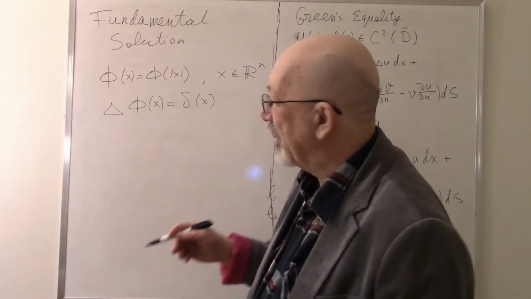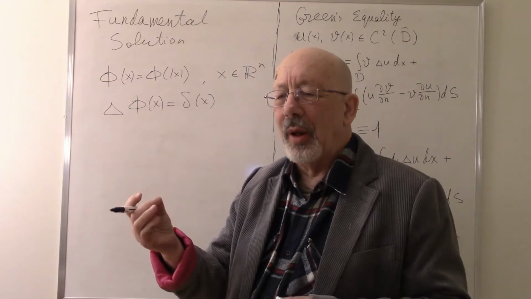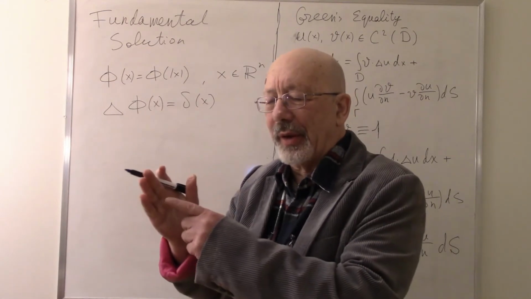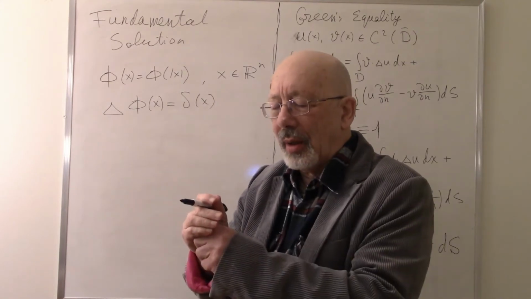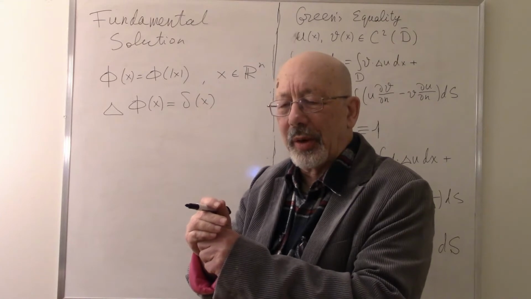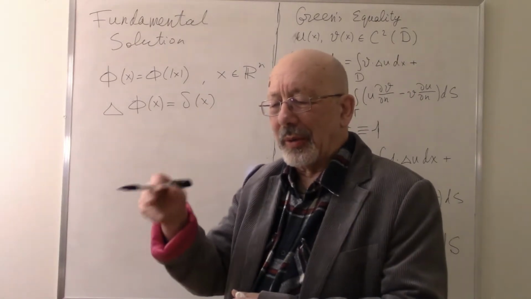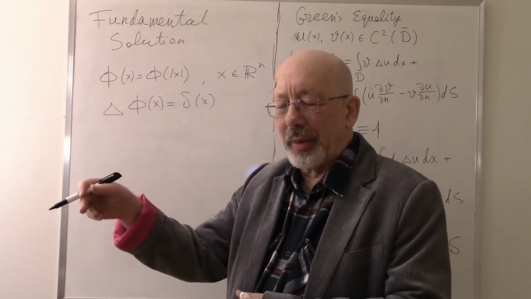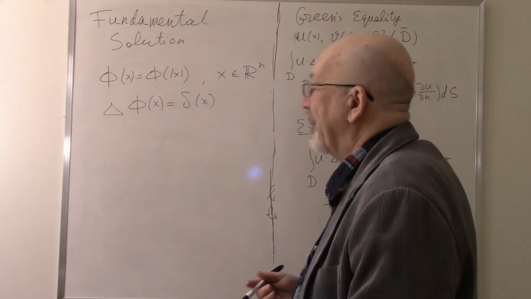It depends on a parameter epsilon. When epsilon goes to 0, this spot of size epsilon tends to just one point, the origin, and the integral of the Laplacian stays 1, so the limit is a true delta function.